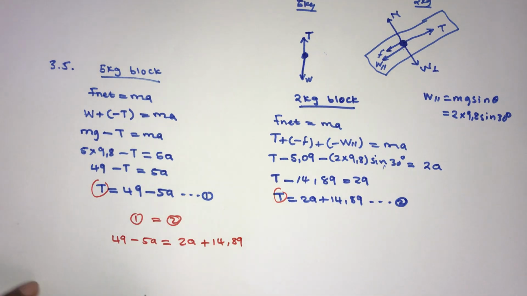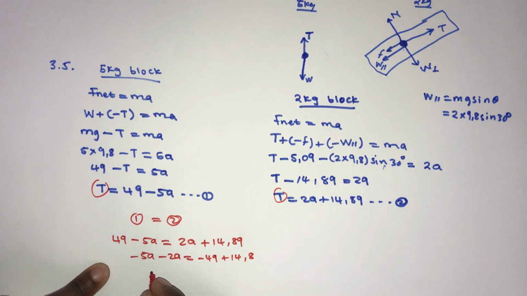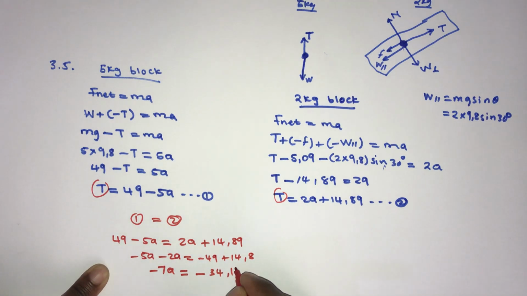Now, let's group the like terms. Let's take this one, 2a, to the other side. We're going to have negative 5a minus 2a is equals to, we take 49 to the other side, it becomes negative 49 plus 14.89. So this gives us negative 7a is equals to negative 34.11.